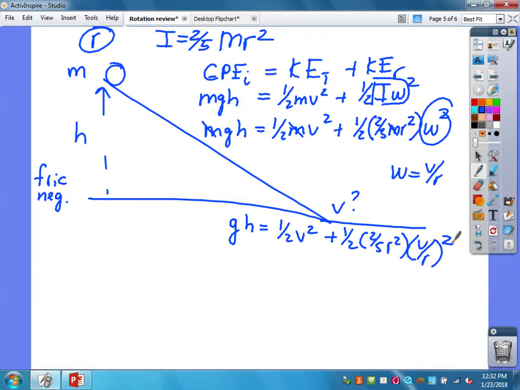So I'm going to square all the variables underneath. That means this is v squared over r squared. So look at this. This is 1/2 times 2/5 r squared times v squared over r squared. R squared cancels out. We don't even need the radius of the object. This is crazy. We don't even need the mass or the radius of the object itself.